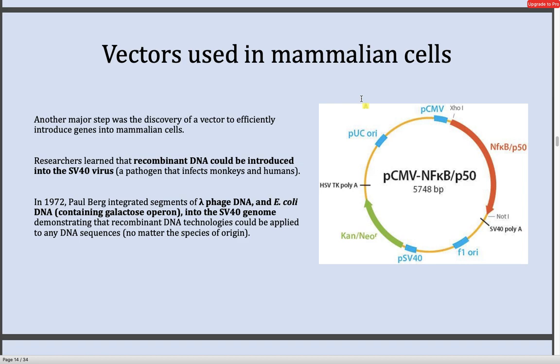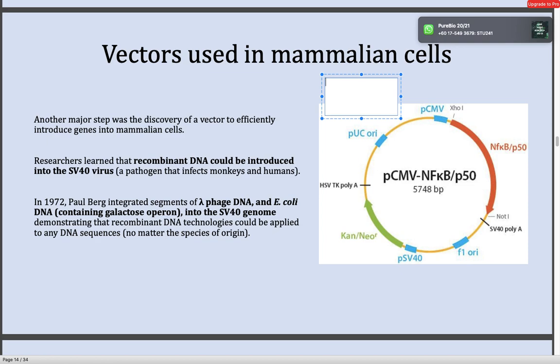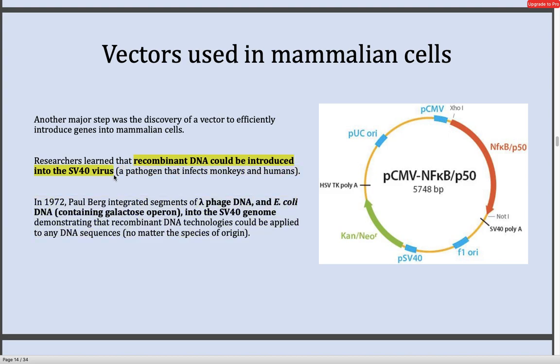So if you're using bacteria A, they would use bacteria A and then add it to a different sequence of bacteria A. But this experiment was important because in the 70s, Paul Berg, another scientist, took phage DNA, he took an E. coli DNA, and then he took an SV40, SV40 is a virus sequence, and he actually combined them together. So he actually showed that you are able to combine the DNA of 3 very different organisms together. So it was quite a big thing. So the image on the left is what he made back then.